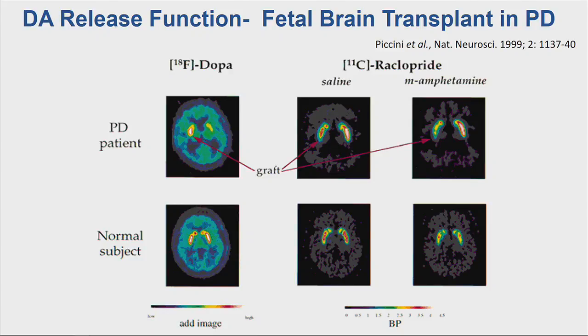If you then give an amphetamine challenge, however, in a normal individual, you get a bilateral and pretty profound reduction in the raclopride signal. Whereas in this transplant patient, the untransplanted denervated side changes little, if any, whereas the side with the transplant now shows a profound reduction. So this transplant is functioning, and it's actually releasing dopamine that interacts with synaptic dopamine receptors.